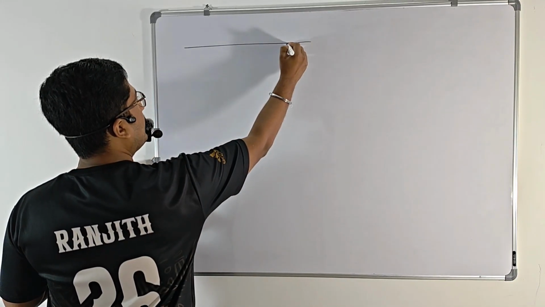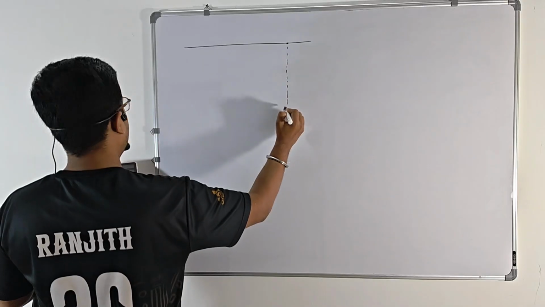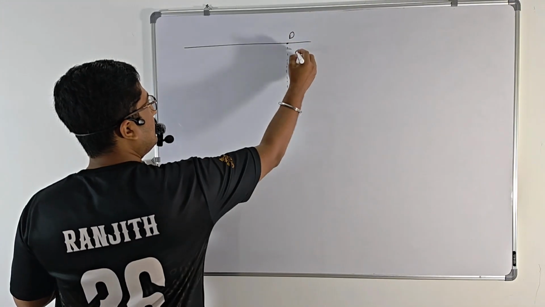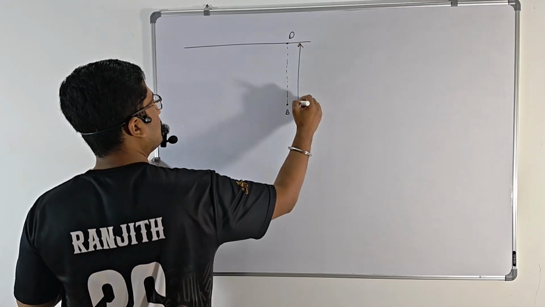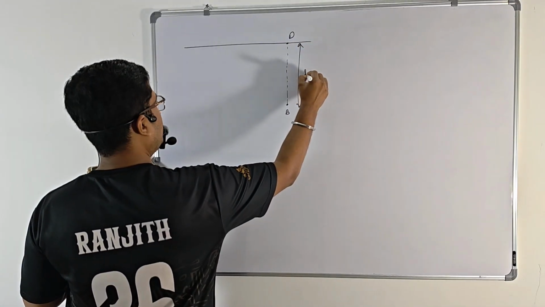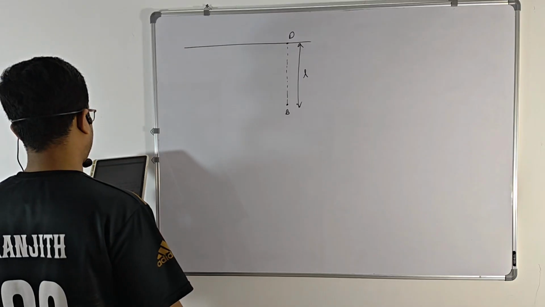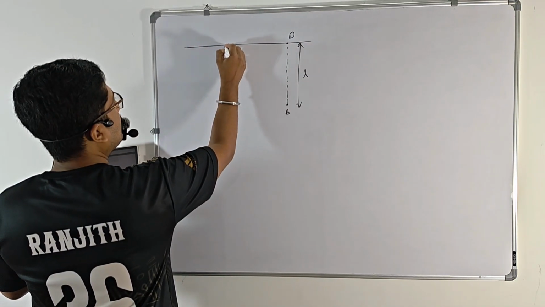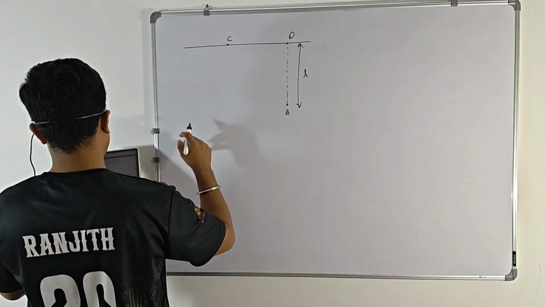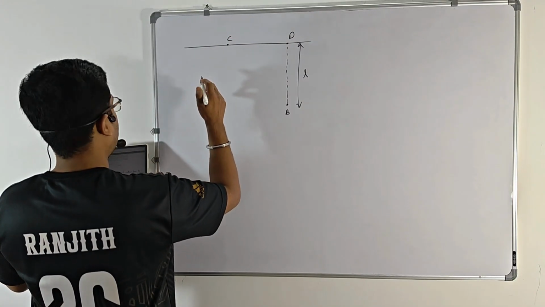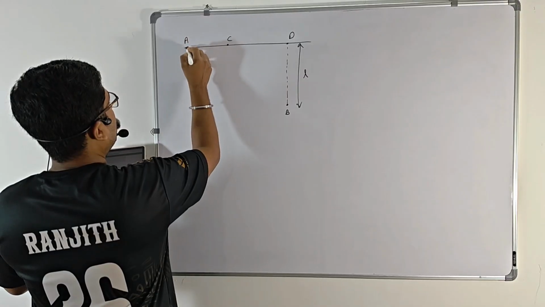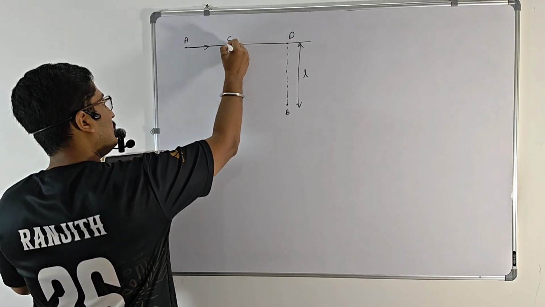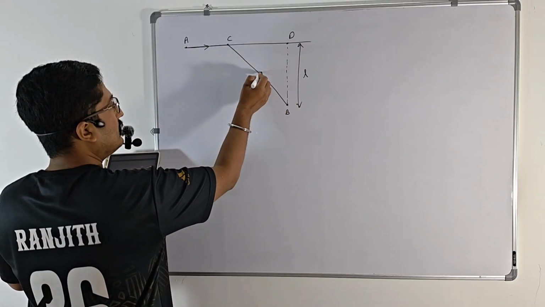Somewhere here is the point D, and somewhere here is the point B. So this is D, this is B. This distance is given to us as L. And you are having this point here as C. From A we are going to C, and from C we are going to B.